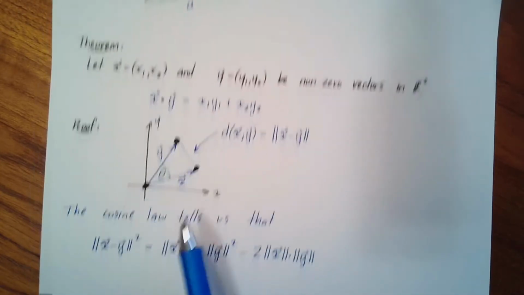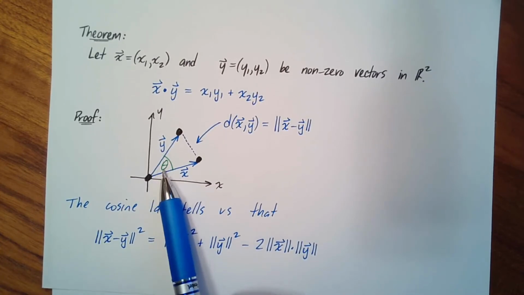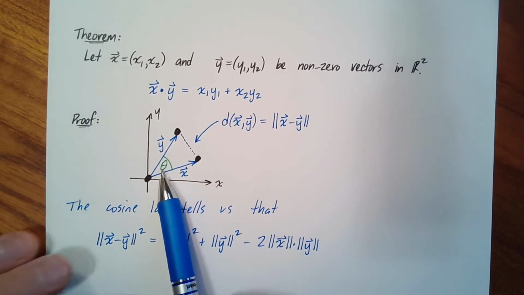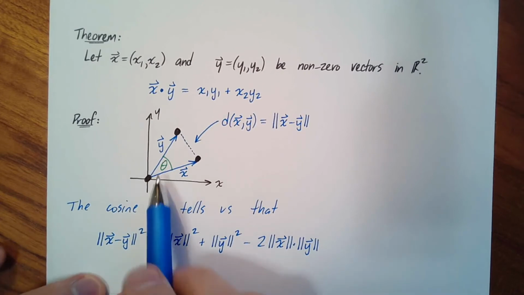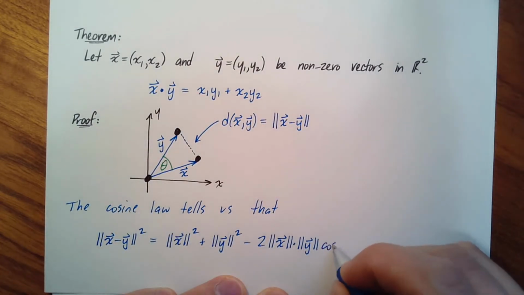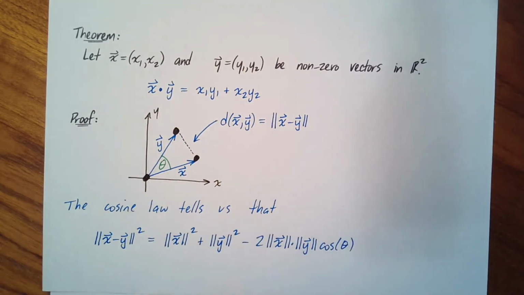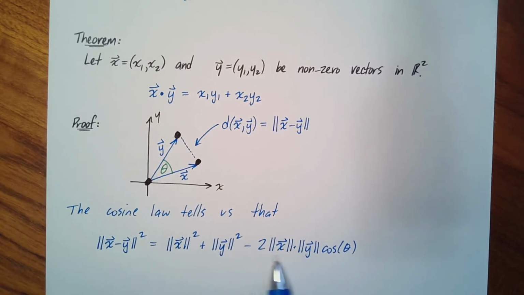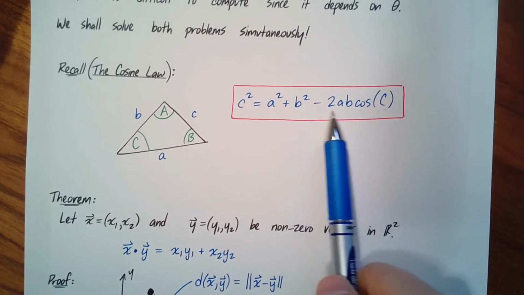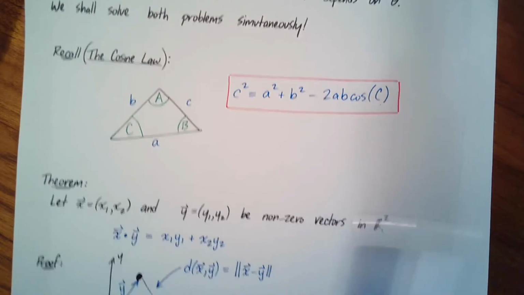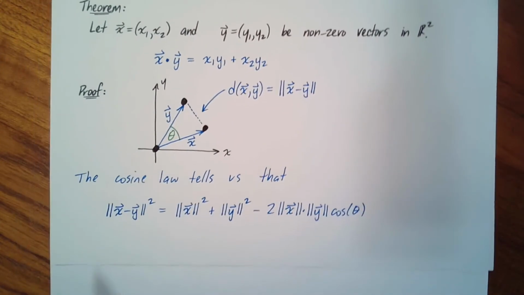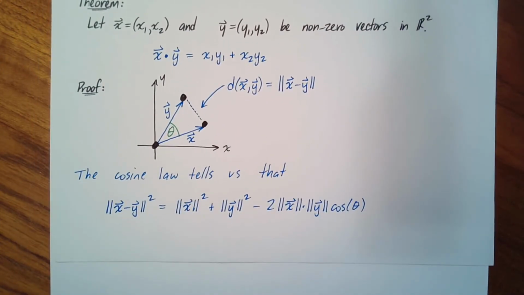So down on our triangle, that's this angle here, theta. So that's why the cosine law ended up being exactly what we need, because now we just need to multiply by cos of theta. So this term here, just to recap, is really just this term here, but in the specific case of this triangle. So that's what the cosine law tells us.